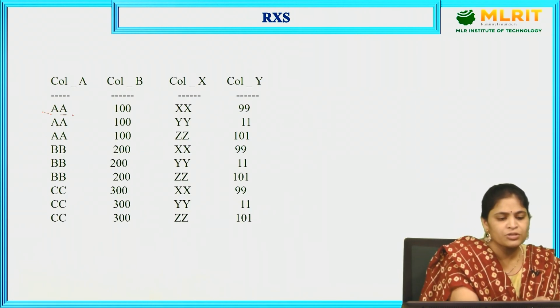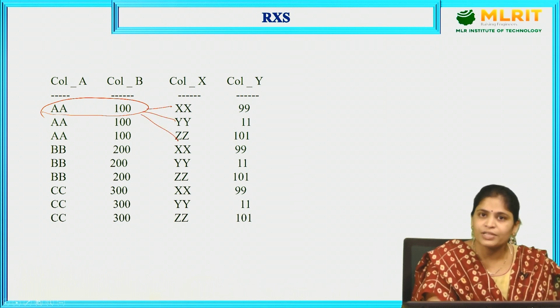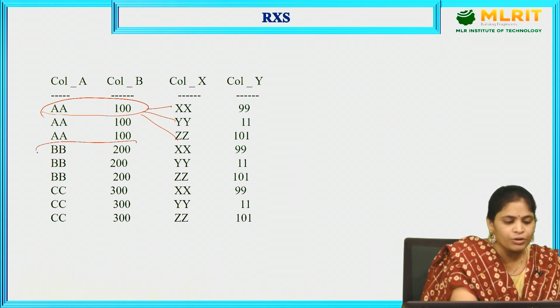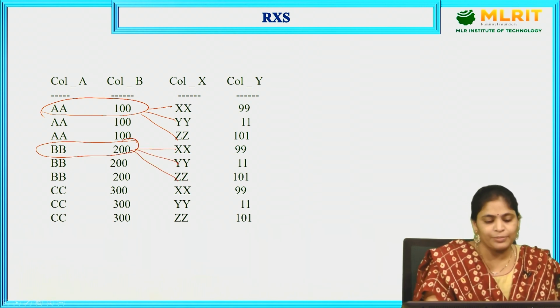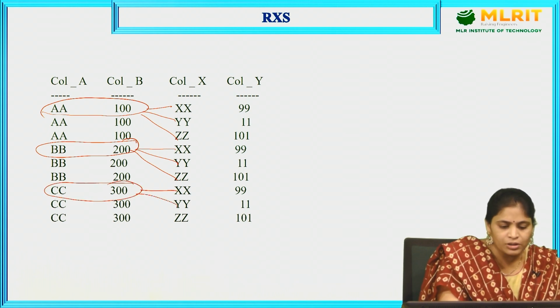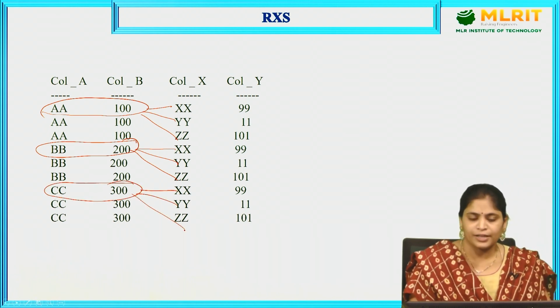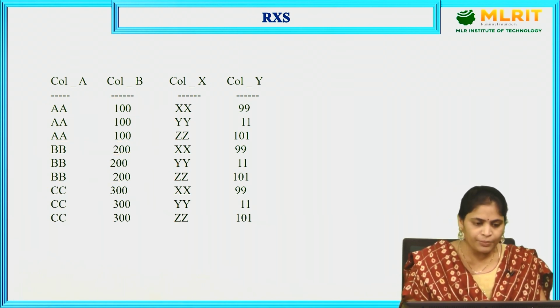The first row is mapped with all three rows of the second table. The second row of the first table is mapped with all three rows of the S table. And the third row is mapped with all three rows of the second table. In this way, we represent the Cartesian product.